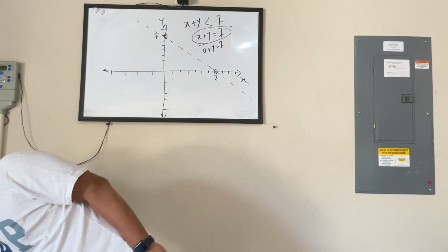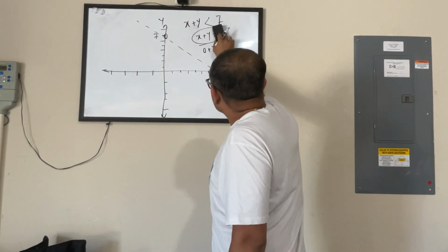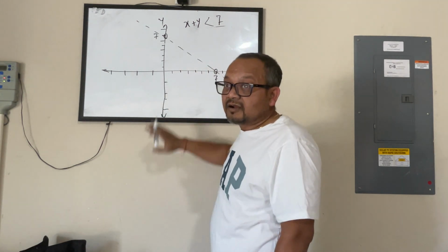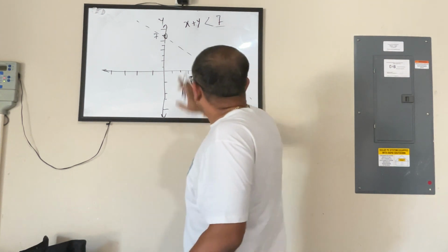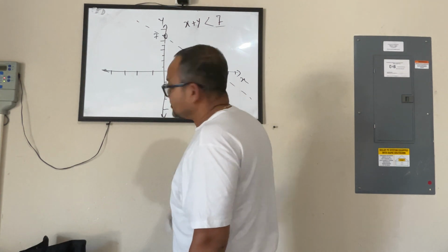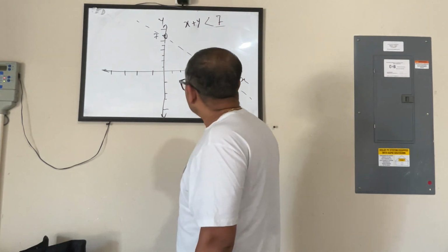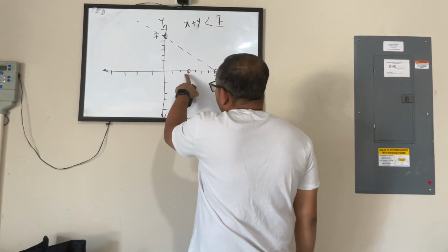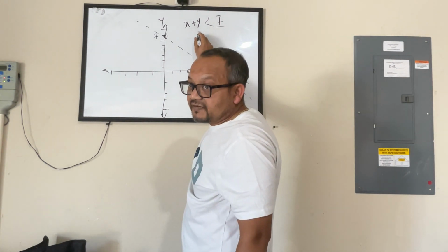Now, x plus y has to be less than 7. So it will be either on this side of the line or this side of the line. Let's figure it out. If I pick any number below this line, let's say this point, x is 4, y is 0. X plus y is less than 7.